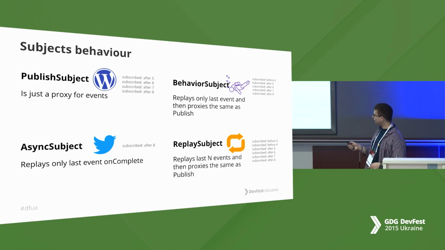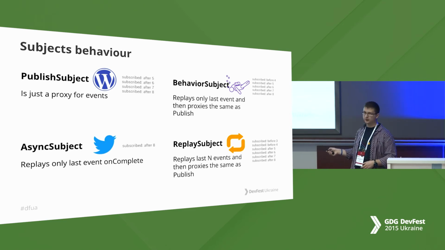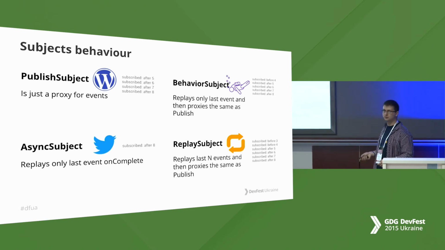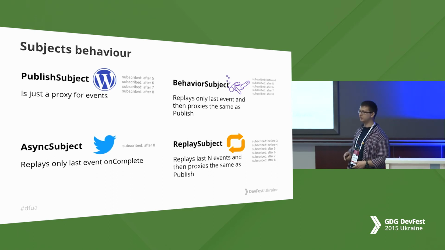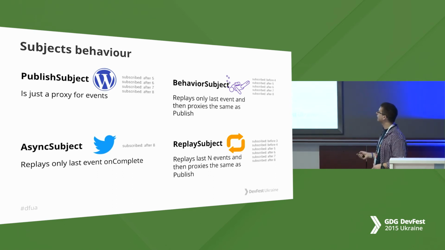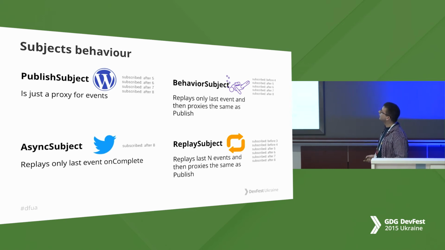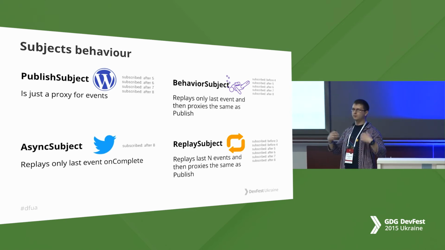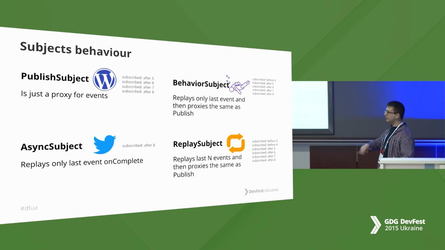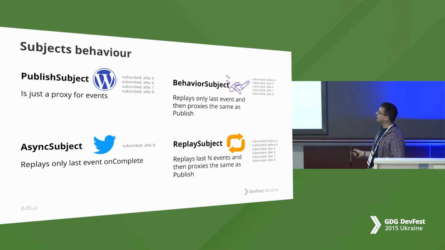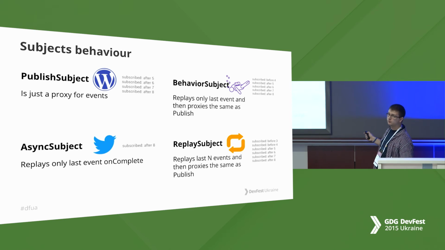Async just returns only one. It's like Twitter. It makes a tweet one time on the subscription and then doesn't repeat anything. Behavior is like a diver. He makes one breath. Depths and flows exactly like a publish subject. The idea is, you see, here one will be returned after, everything will be returned after, and one will be returned before.